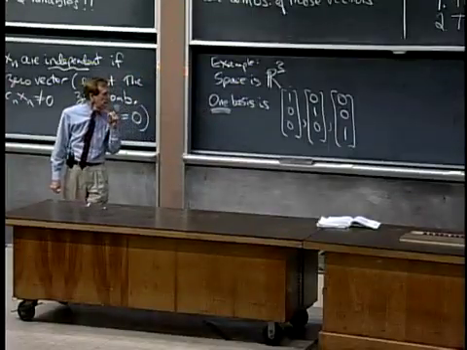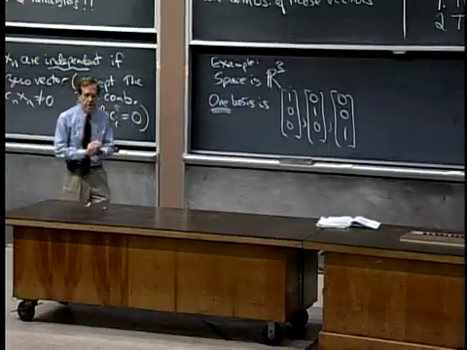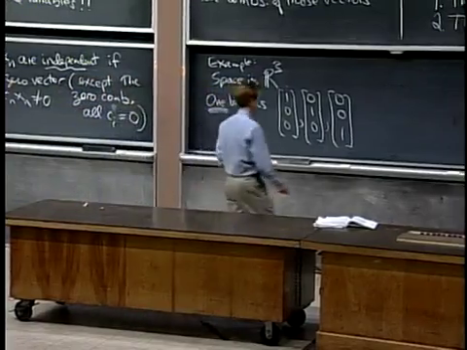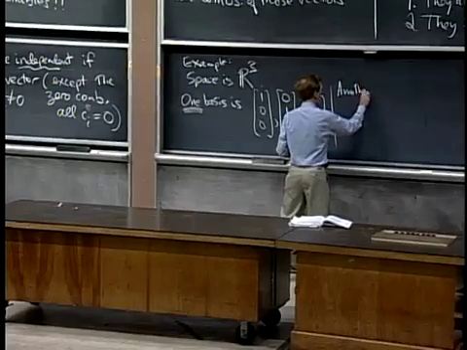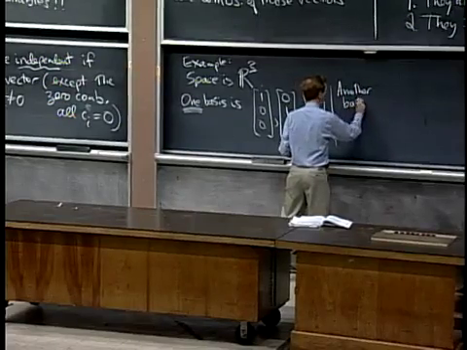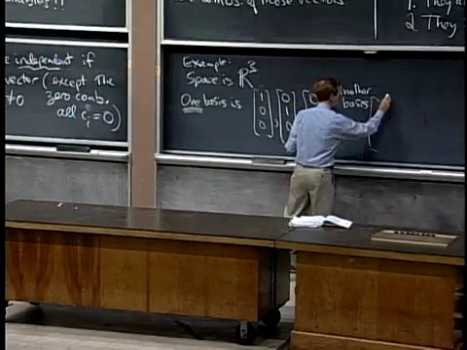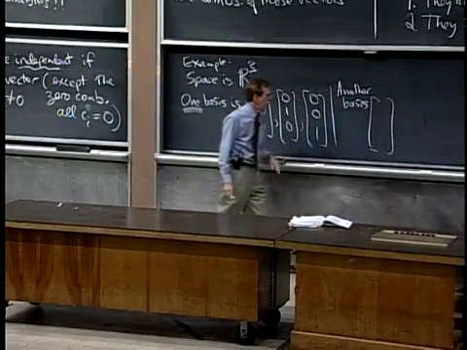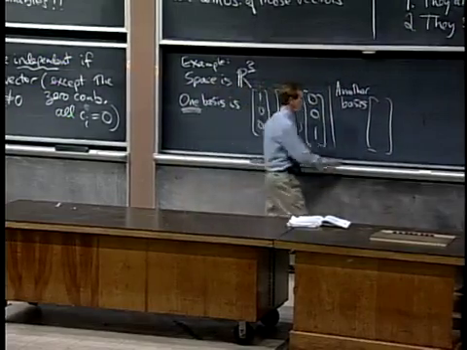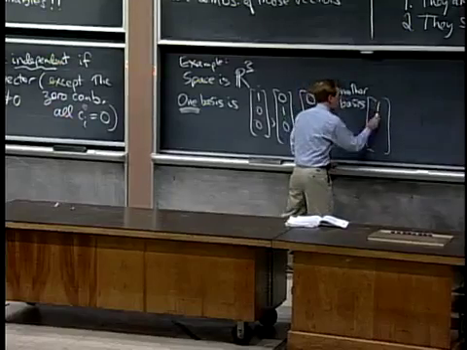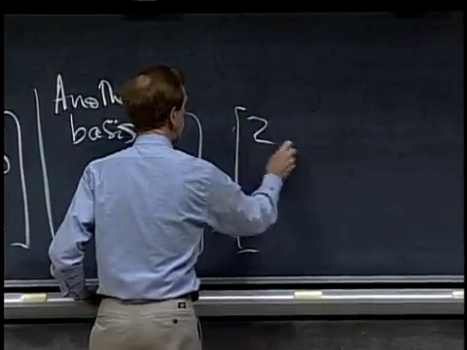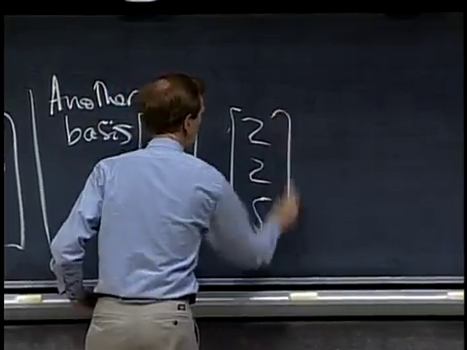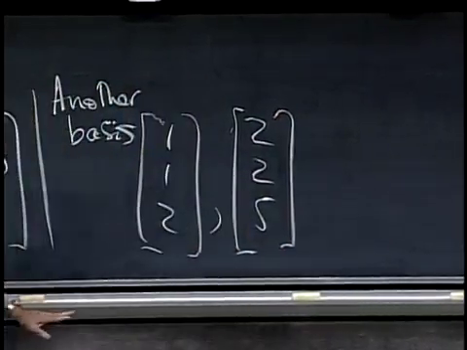Now, that's not the only basis, far from it. Tell me another basis, a second basis. Well, I'll just start it out: 1, 1, 2. And 2, 2, 5. Suppose I stop there.